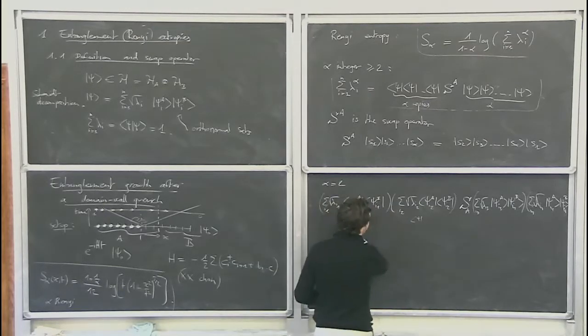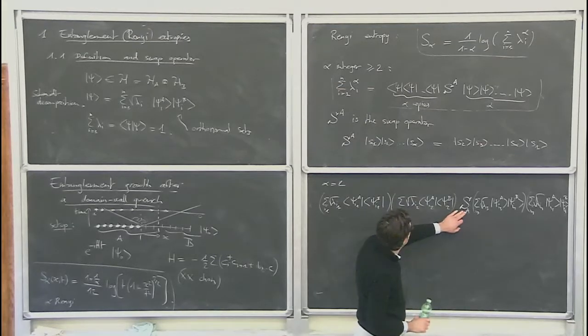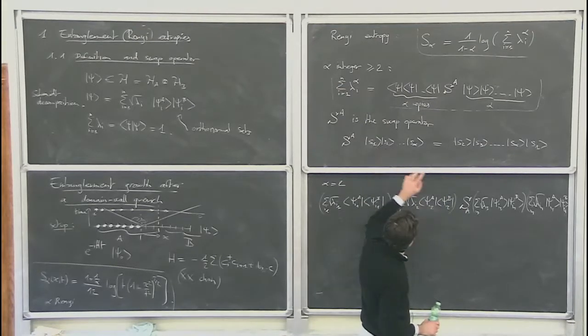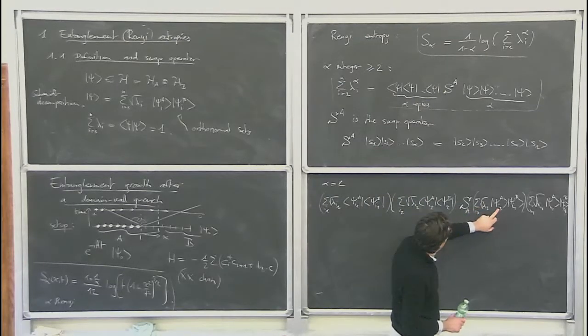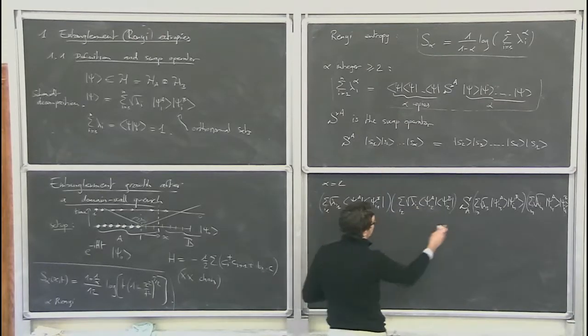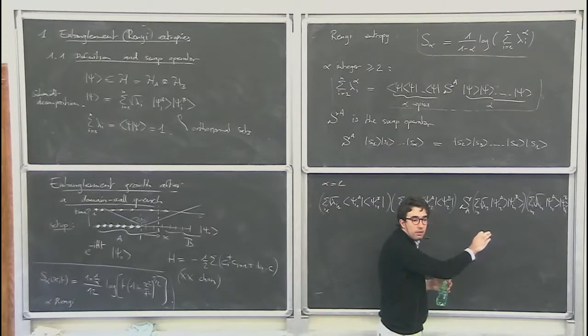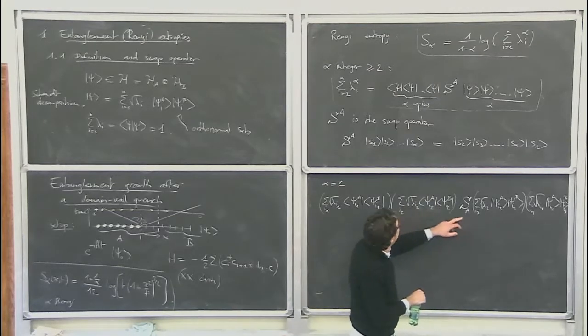Then how does the swap operator act? The swap exchanges the two states, but only in part A. In part B, it acts as the identity. Sorry, I didn't say that.